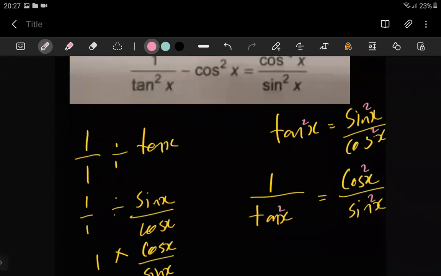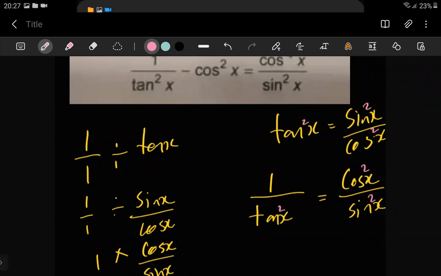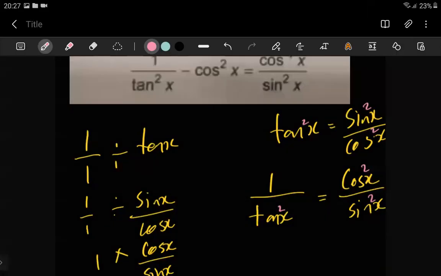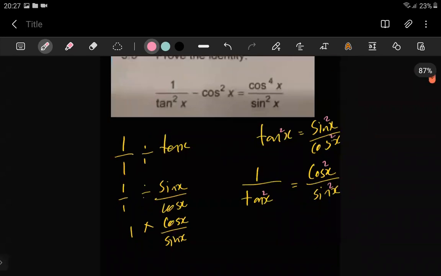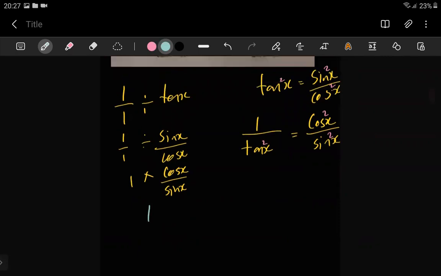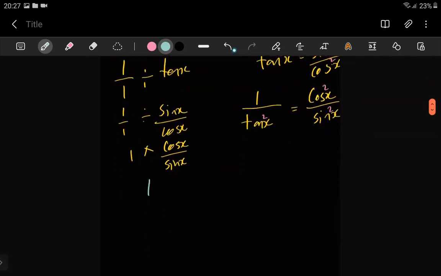So what that means is automatically, from the get-go, you need to keep in mind certain things. From the get-go, you need to keep in mind that we have here 1 over tan squared x. Let's state we're working on the left-hand side.